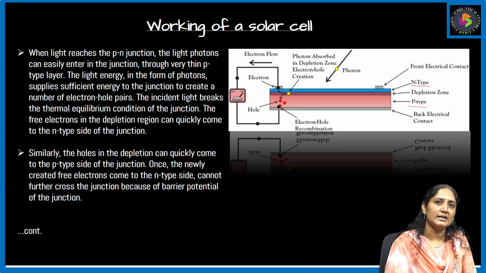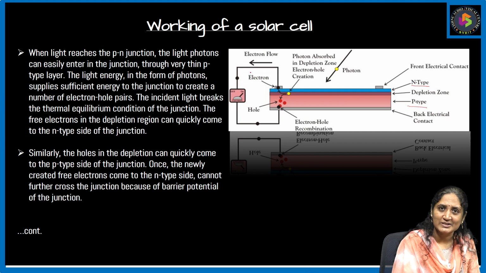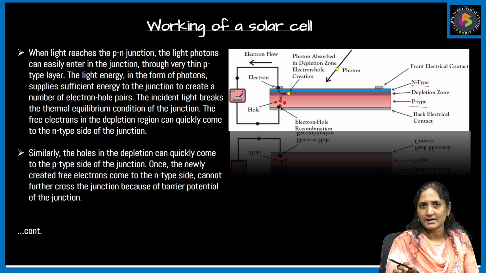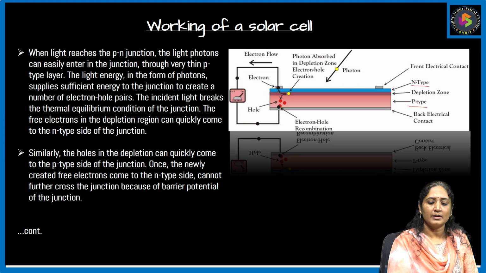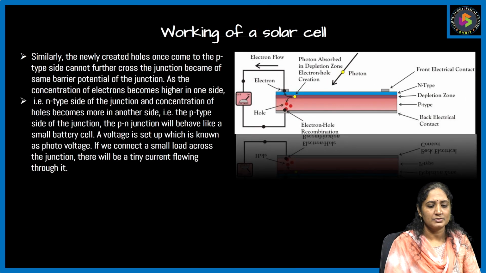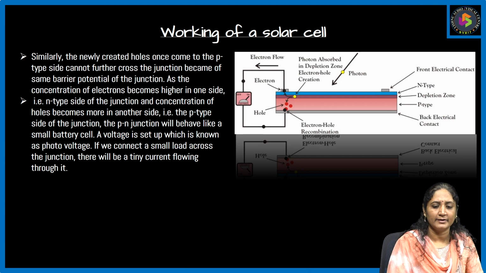The electron flow takes place in the electrical supply, which acts as a small battery, a small cell. So the electrical supply takes place, which is nothing but the production of electricity. This is the working of photovoltaic cells, and similarly the same thing happens in the n-type also. This is called the photovoltaic effect.